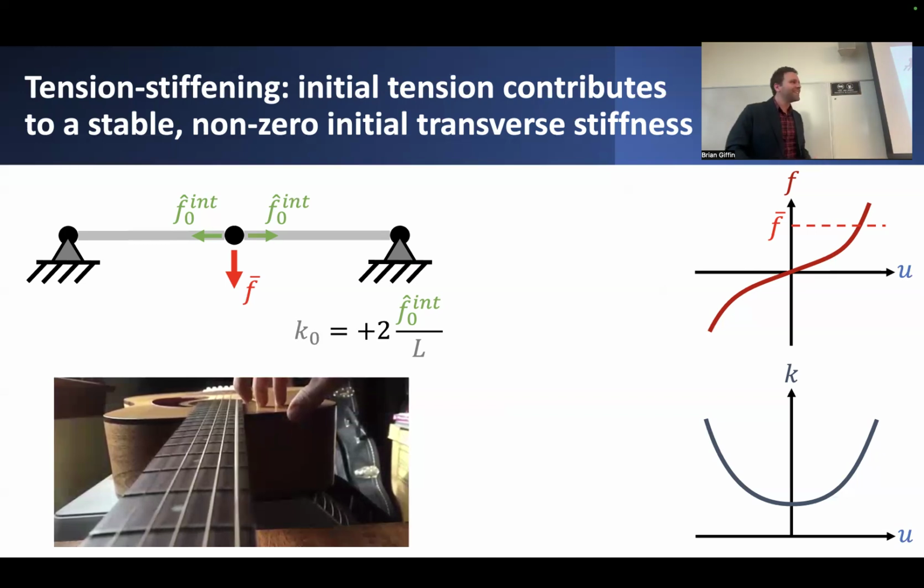This tension stiffening effect effectively gives you something that looks kind of like this for your initial stiffness. Or in other words, we have stiffness that depends on internal force.